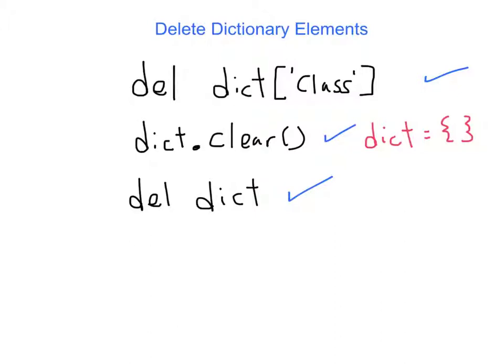One other useful method that I want to take a look at is the length function. And we've used this before to find the length of other data structures. But if you want to find out how many key value pairs are in your dictionary, you simply send that dictionary to the length function, len.